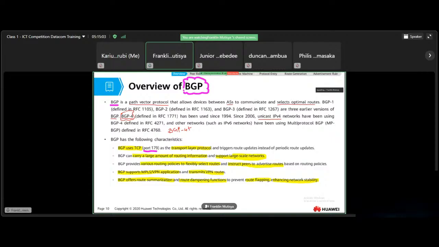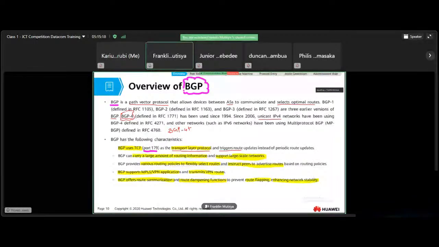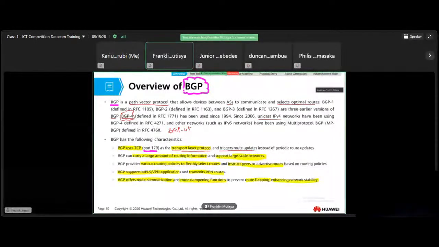So the characteristics: BGP uses the transport layer and uses port number 179 for communication. It executes at the transport layer, and it uses the transport layer to trigger route updates. So BGP does not send periodic updates.